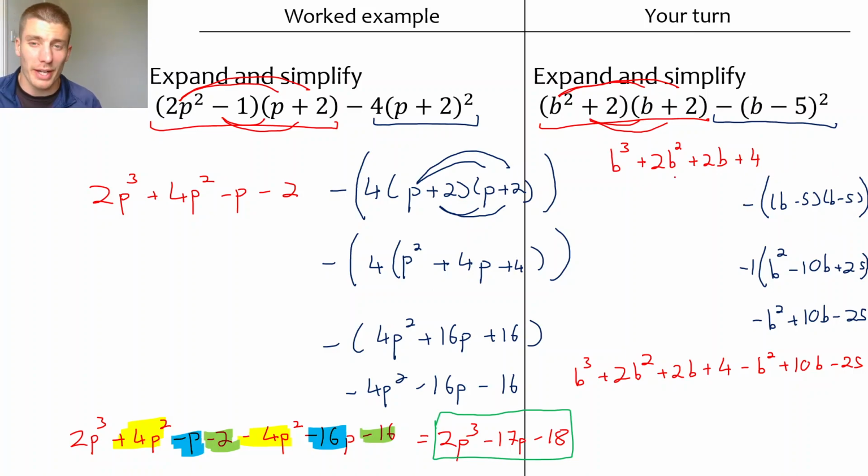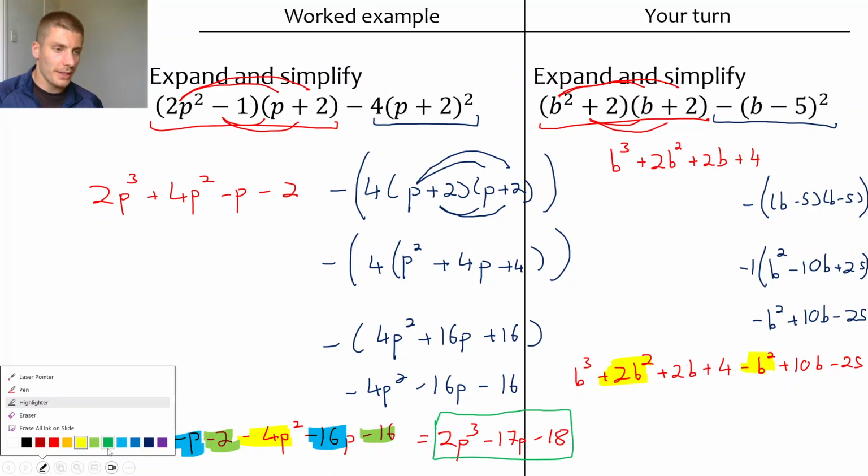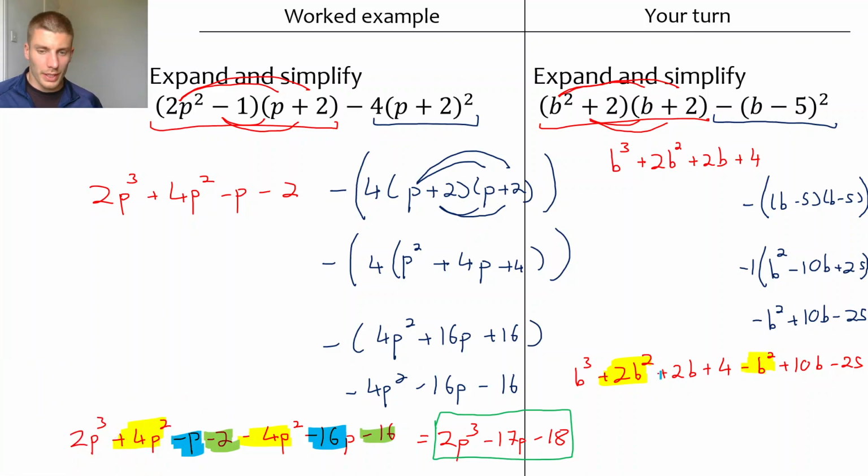If you didn't write a big bracket, it would probably go wrong somewhere. Now, we can collect up some like terms here. We've got 2b squared minus 1b squared. Okay, they're both b squared terms. We've got plus 2b plus 10b, and we've got, last of all, plus 4 minus 25 over here.